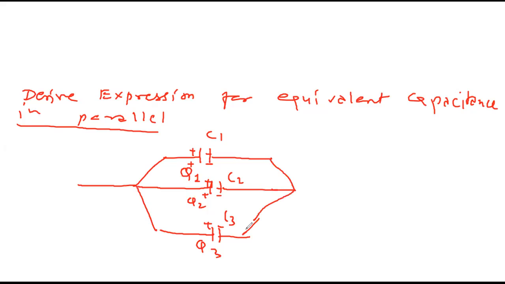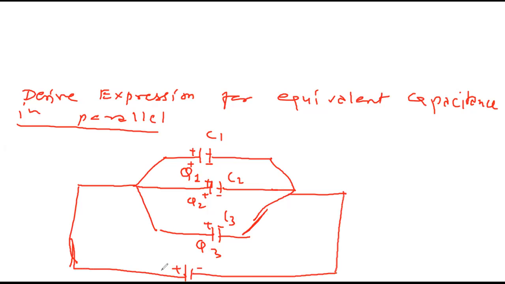Connected in parallel means one below another, across a battery of voltage V, to supply constant current I in the outside circuit. At point A, current gets divided into three parts, I1, I2, I3. So that's why charges become Q1, Q2, Q3. Draw the diagram.